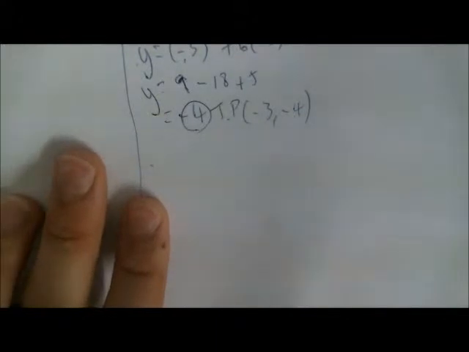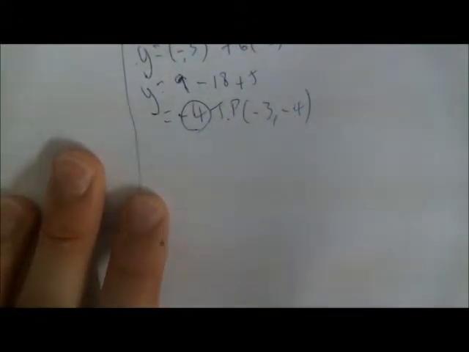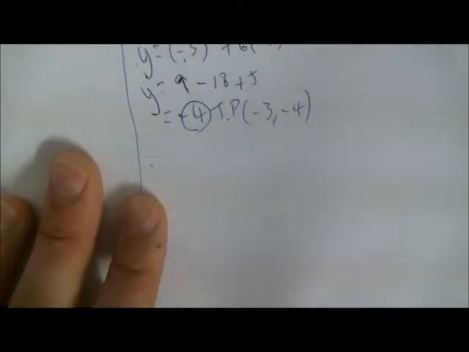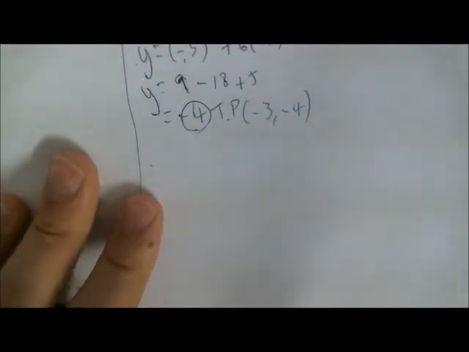Alright, so to recap, we find the y-intercept, we find the x-intercepts by letting y equal 0, and factorise to solve. Once we've solved, we find the midpoint of the two x-intercepts, and then substitute to find the turning point, and then we connect the dots to get our answer.